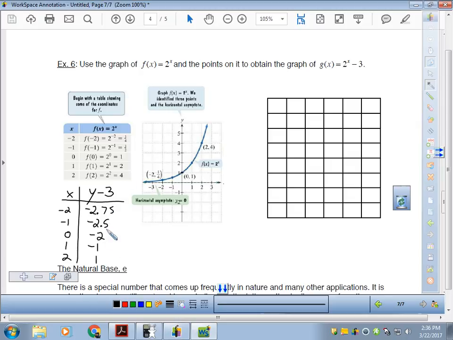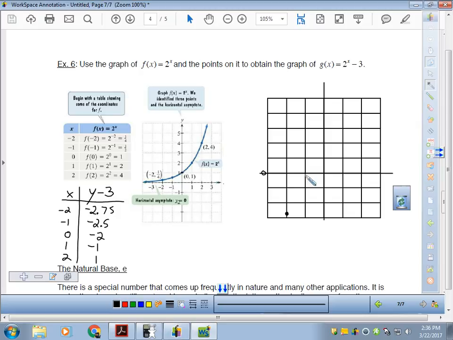And so then we need to plot those points. Since this is almost negative 3, I'm going to say, let's make this negative 3. So that's negative 2, negative 1, and that means this is 0 right here. So there's my x-axis, my y-axis, and I'm just going to plot these points. So at negative 2, we are down at negative 2.75.